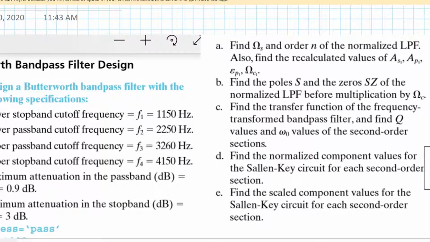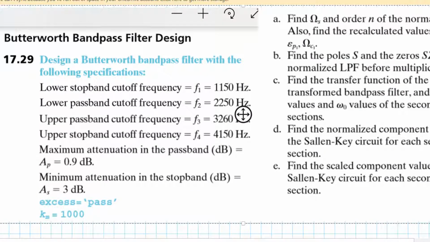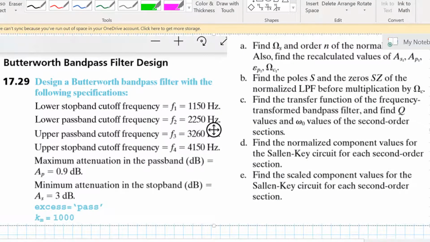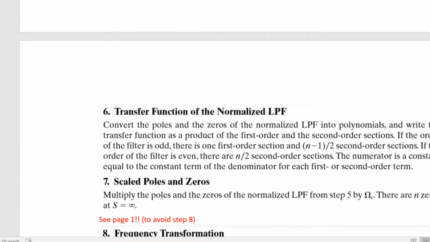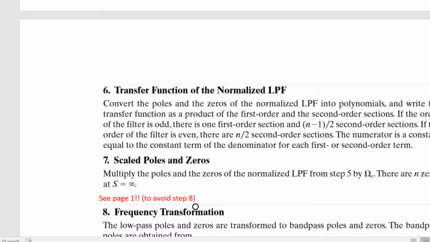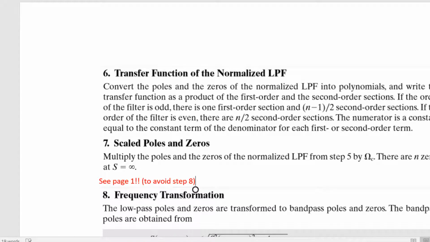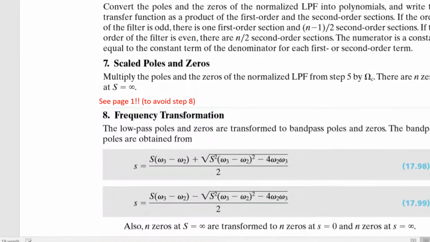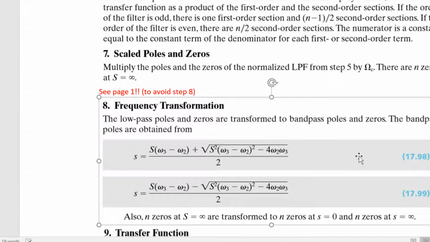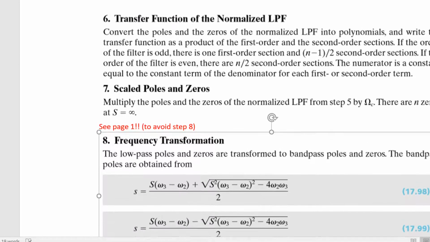Okay, part C, find the transfer function of the frequency transformed bandpass filter. So the next part talks about the normalized, not the transformed. So for the frequency transformation, they give these two formulas, but before they gave these 10 steps, it was kind of in the introduction for this section, they gave the shortcut.